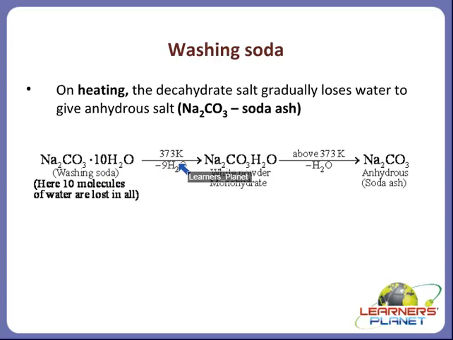If I am heating it to 373 Kelvin, what I will get is sodium carbonate with 1 molecule of water. That is a white powder which is a monohydrate. Am I clear? Now above 373 Kelvin, what happens? It loses this water molecule also and forms anhydrous sodium carbonate or soda ash.